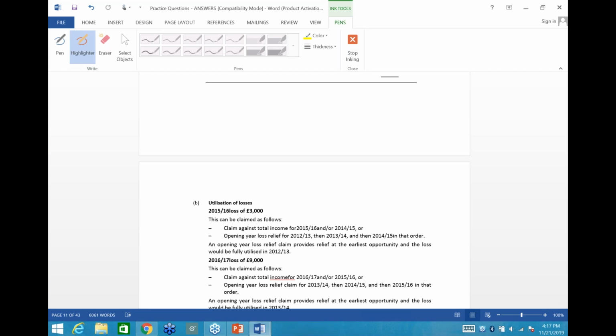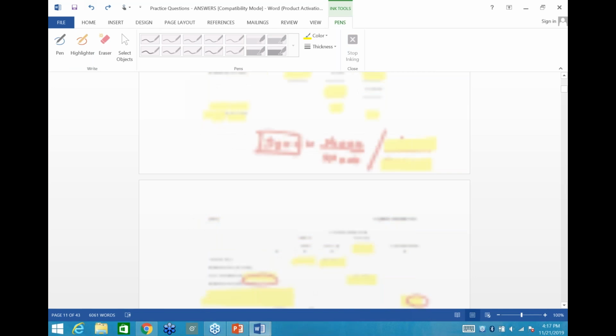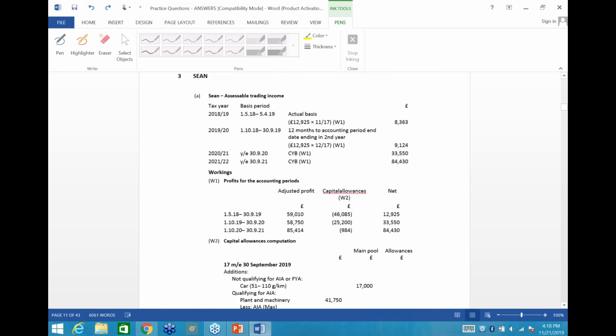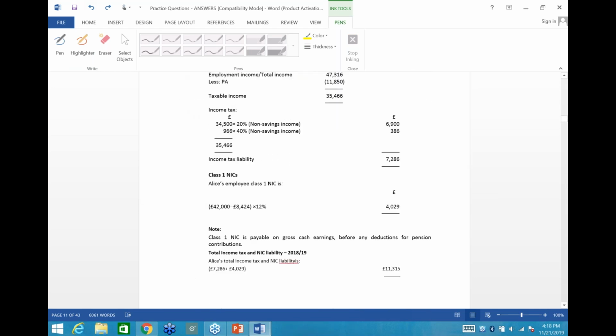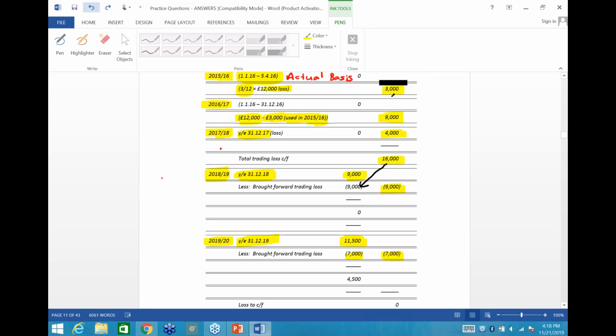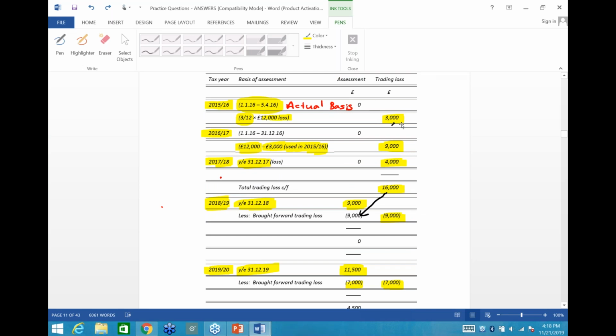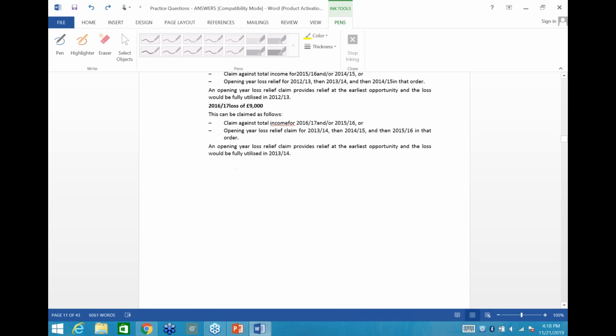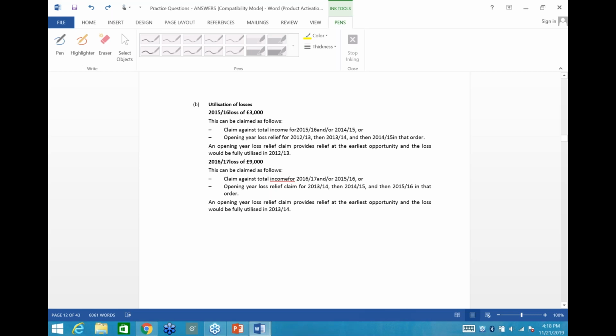We did that computation. Accordingly, first tax year, there was a loss of 3,000. Second tax year, 9,000. And then third tax year, there's a loss of 4,000. For these losses, we can actually use the opening year relief.